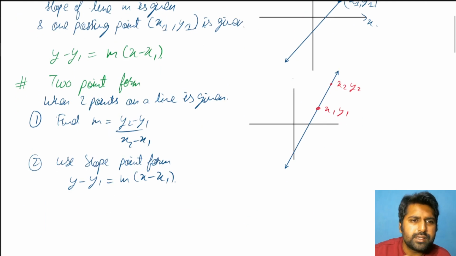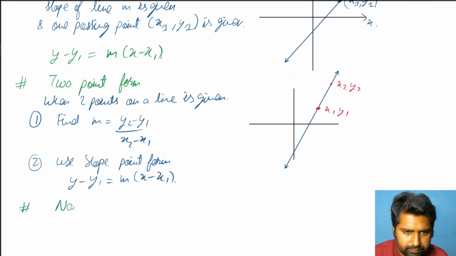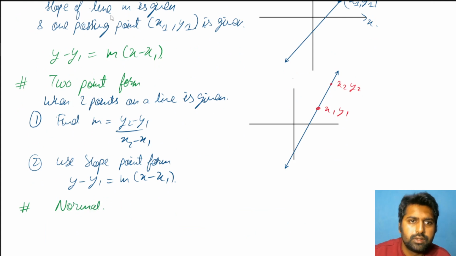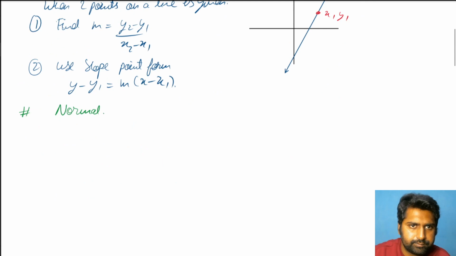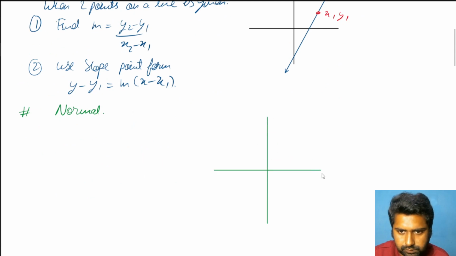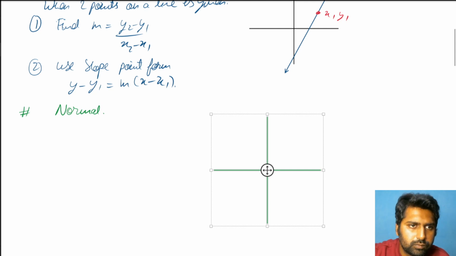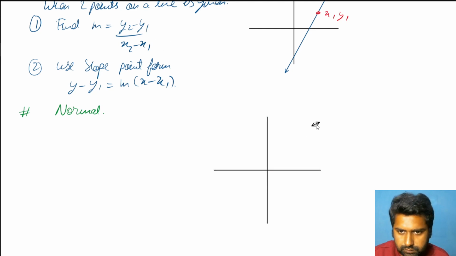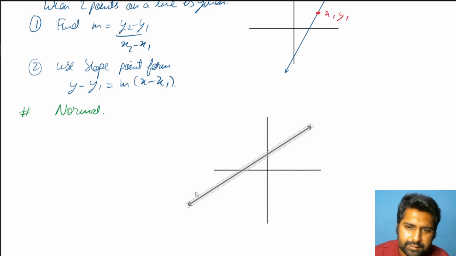The next format is very, very specific. It's called normal form. Okay, I'll tell you the situation. X-axis, y-axis we need. Okay, I need a line like this. I'll draw like this, otherwise you'll get confused.